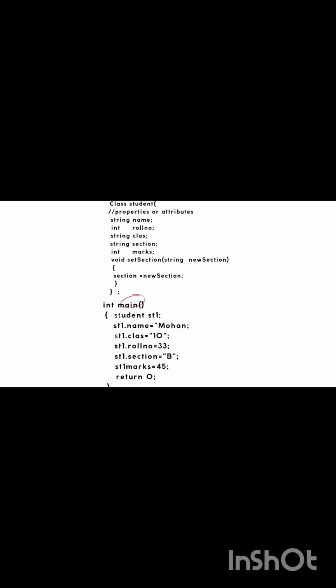Similarly, all the other attributes of this class are given arbitrary values. For example, st1.class is assigned the value 10, st1.roll number is assigned the value 33, st1.section is assigned B, and st1.marks is 45.